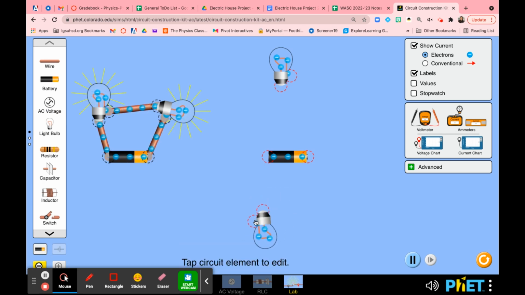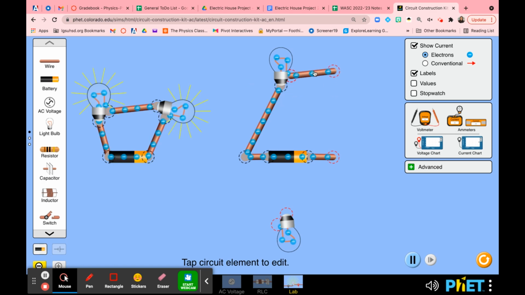So I'm going to try to turn this around. And I'm going to add a little wire on each end. That's going to be helpful when we're calculating our voltage in and our voltage out. And then from there, I'm going to use a wire to connect it to the opposite sides of the bulb, as we learned from our light bulb activity.